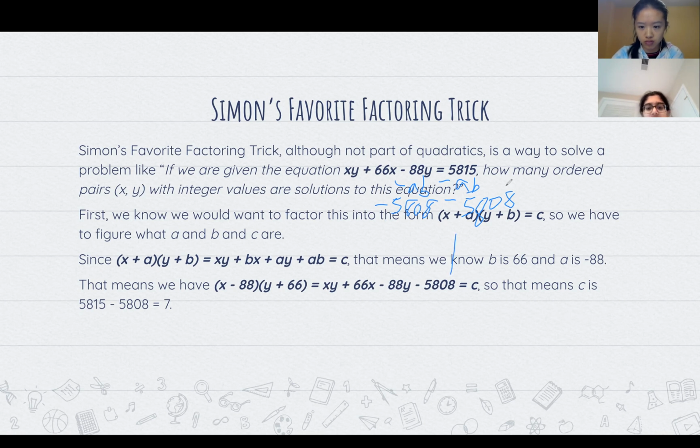So we have x minus 88 times y plus 66 is equal to c, and c is equal to 5,815 plus negative 88 times 66, which is minus 5,808. So 5,815 minus 5,808 is 7. So x minus 88 times y plus 66 is equal to 7.